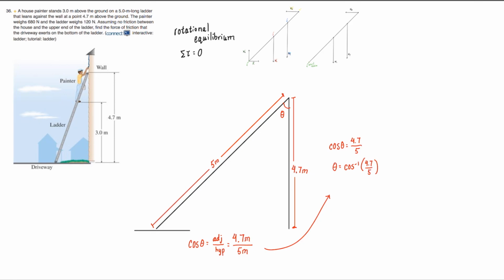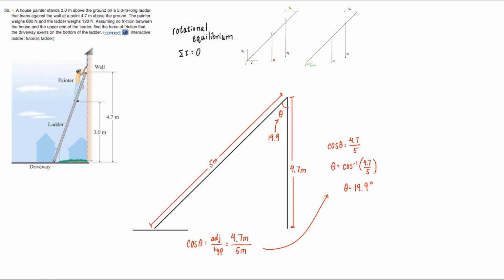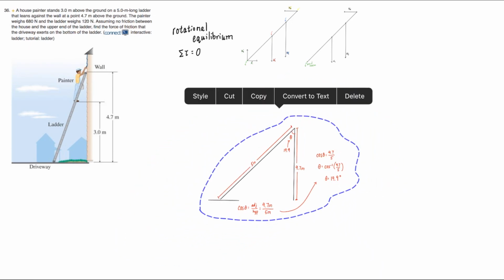And that value comes out to be 19.9 degrees. And so we know that this angle up here is 19.9 degrees. So now we're going to look at the torques that are being caused by the forces that are being exerted on our ladder.